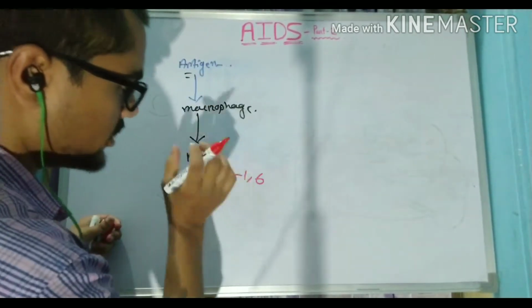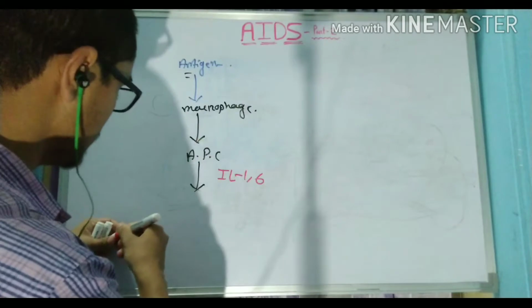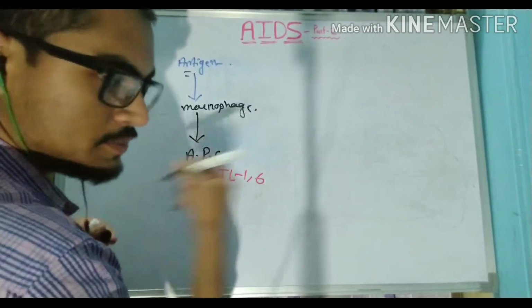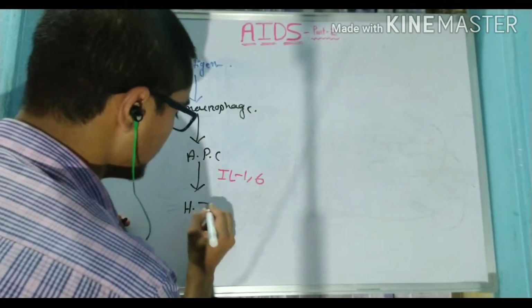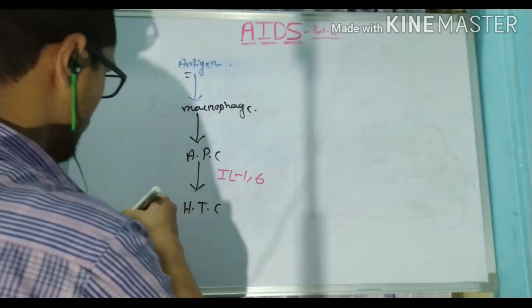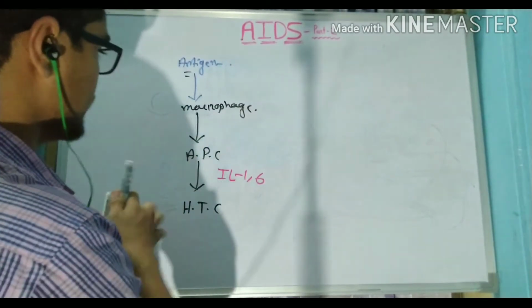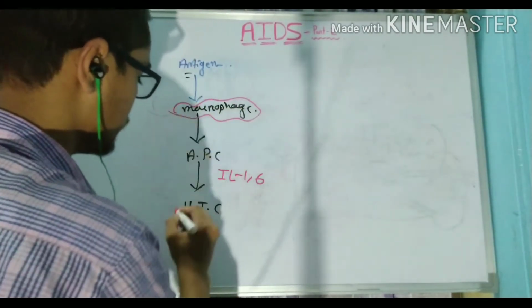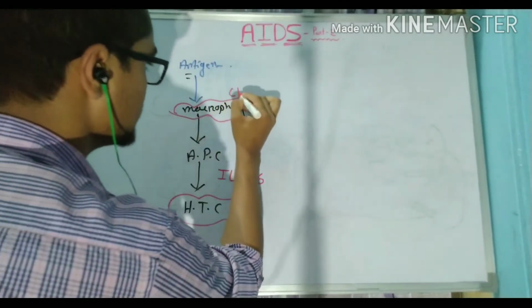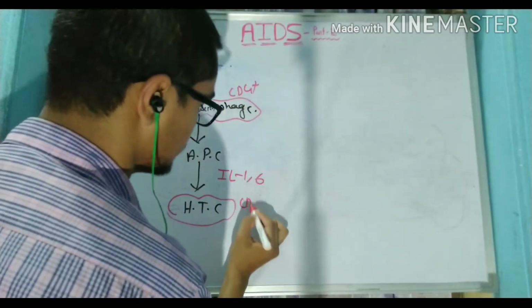By these factors, the APC tries to activate another special kind of cell known as the helper T cell. Both these cells, macrophage and helper T cell, have a special characteristic: they have the CD4 plus receptor.